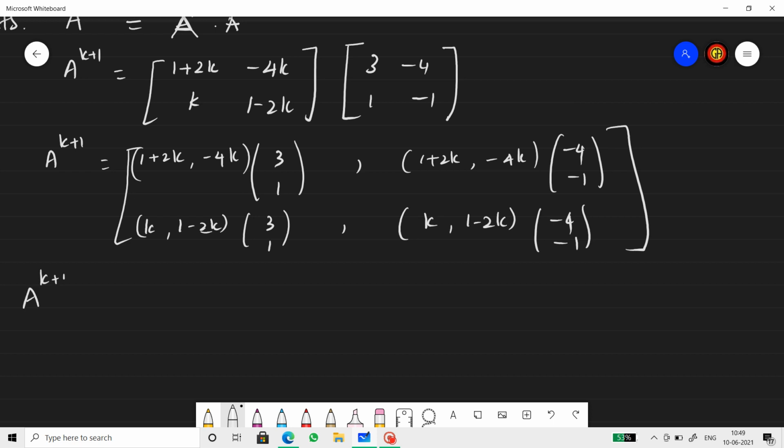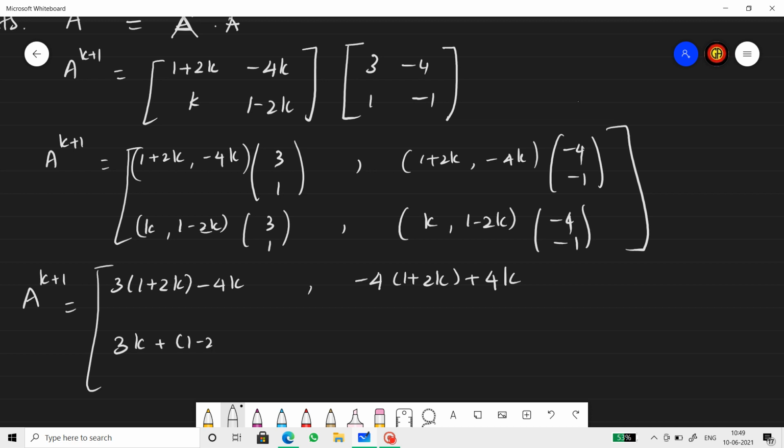A to the power of k plus 1 equals, first row into first column, 3 times 1 plus 2k, minus 4k, comma, minus 4 into 1 plus 2k plus 4k, 3k plus 1 minus 2k, comma, minus 4k minus 1 minus 2k.